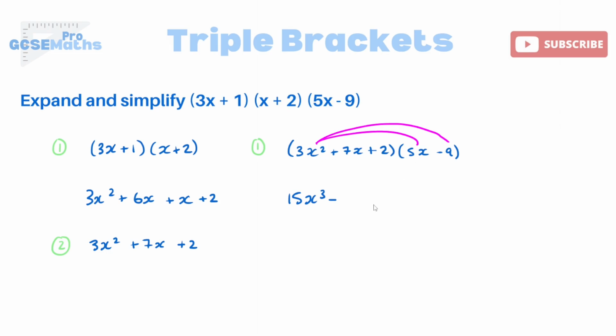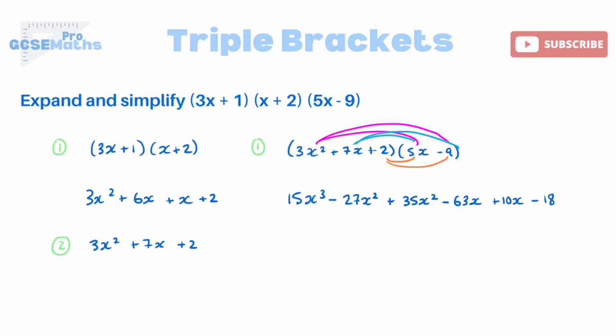Careful of the negative, so negative 27x squared. Then we move on to our 7x. So plus 35x squared. Again, negative 63x. And for the last one, the 2. So 2 times 5x is 10x, and 2 times minus 9 is minus 18.